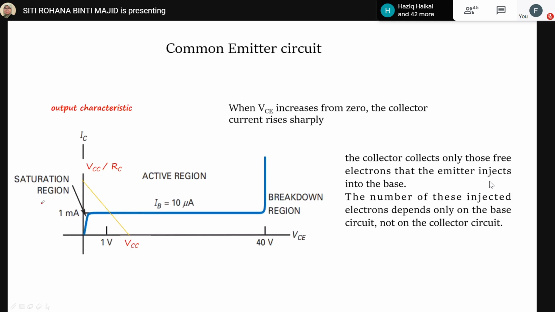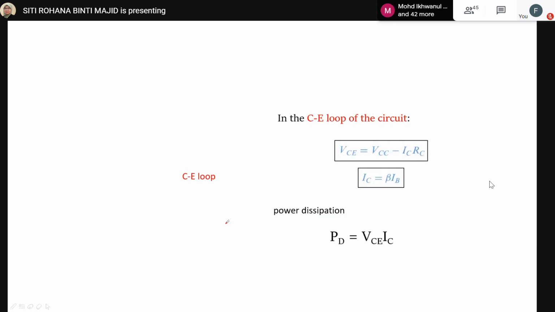Okay, and then the collector will collect only those free electrons that the emitter injects into the base, and the number of these injected electrons will depend only on the IB, the base circuit.